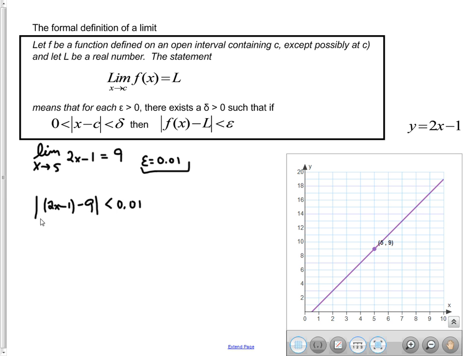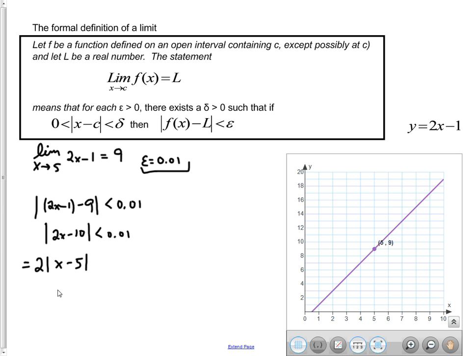All right, so let's do a little bit of algebra magic right here. We know that the absolute value of 2x minus 1 minus 9 is really the same thing as the absolute value of 2x minus 10. Now, when we're dealing with an absolute value, this is going to be the same thing as 2 times the absolute value of x minus 5.